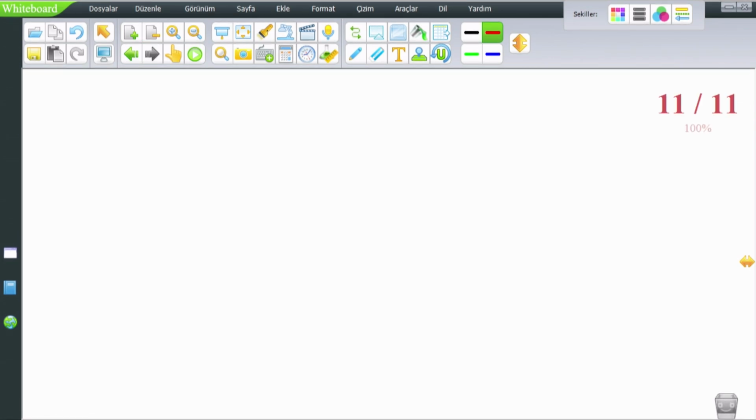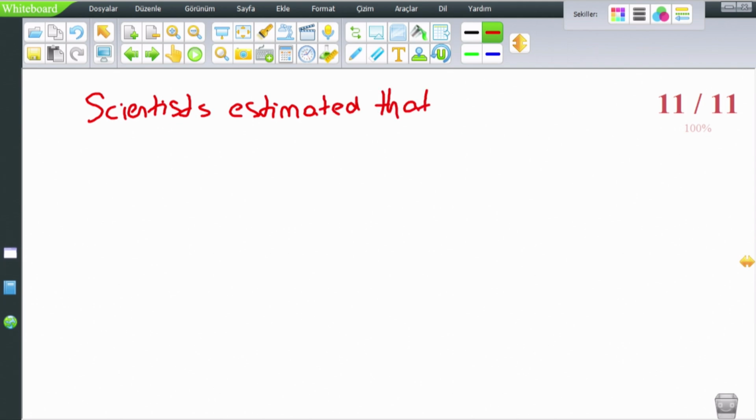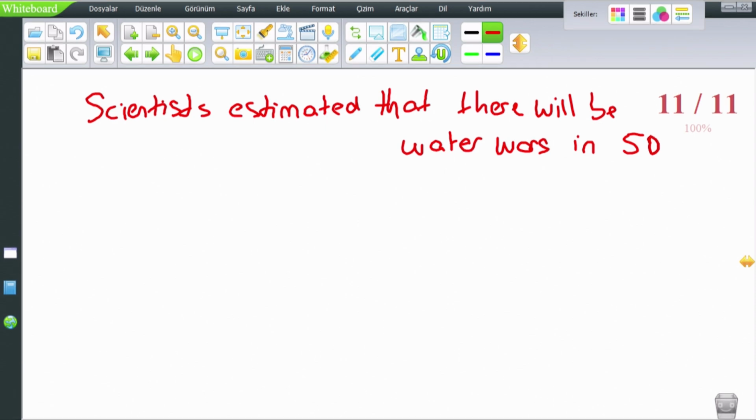Also, there is one more thing when we use passive voice. For example, scientists estimated that there will be water wars in, let's say, 50 years.